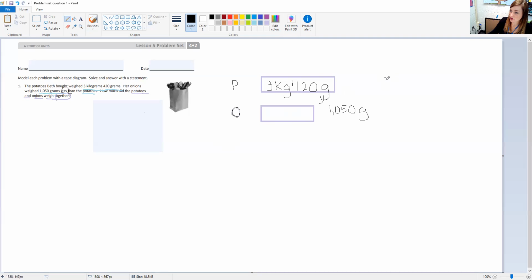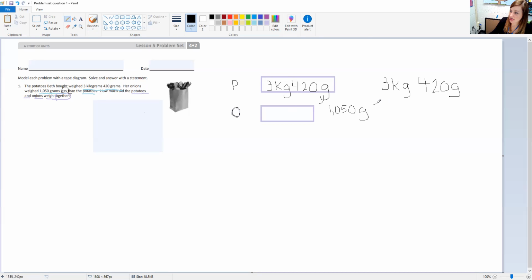So we're going to write out the 3 kilograms and 420 grams, and those keywords less than.